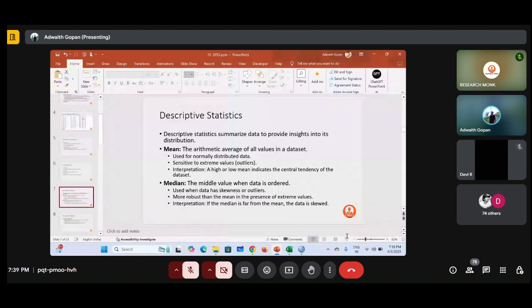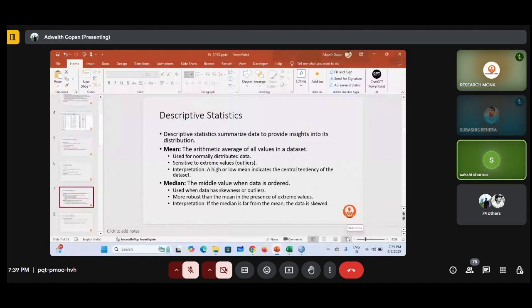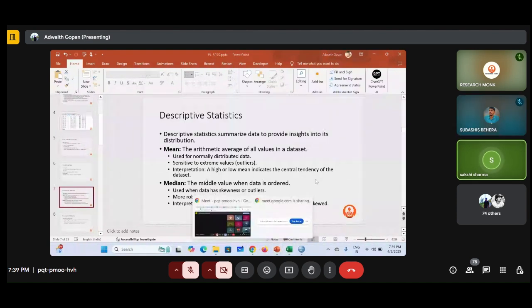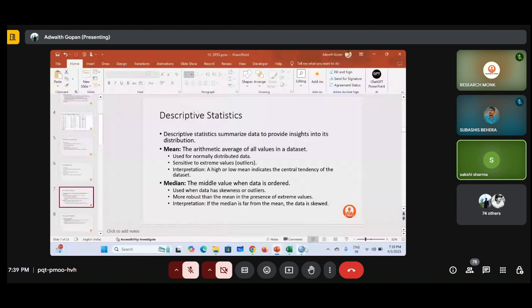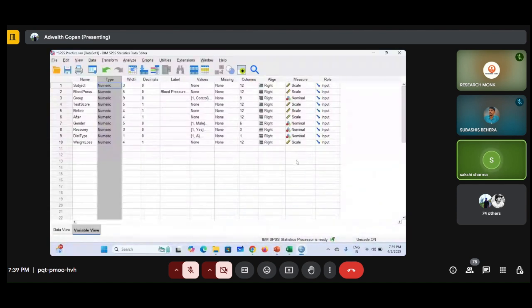Sir, how does it automatically come as ordinal? You can. That is the SPSS algorithm. They can easily identify the variable's character, and they will automatically categorize it as scale, ordinal, or nominal.